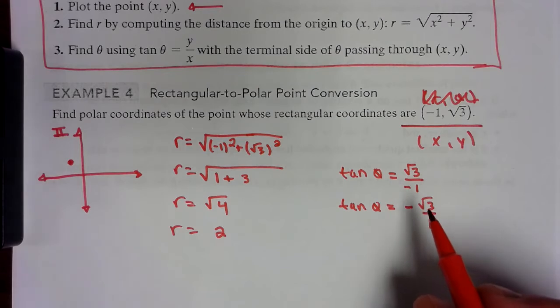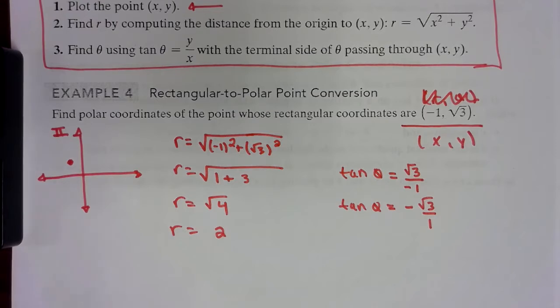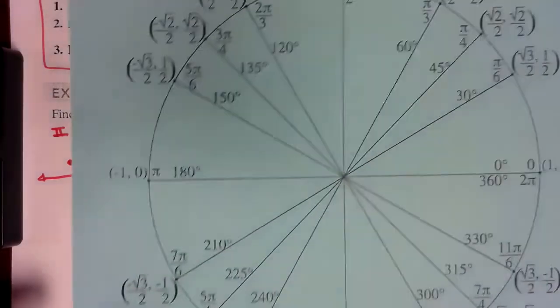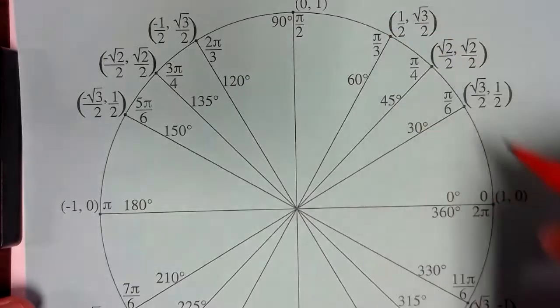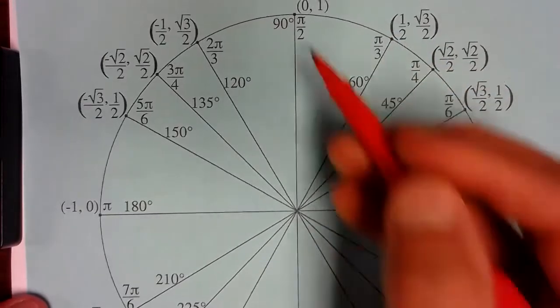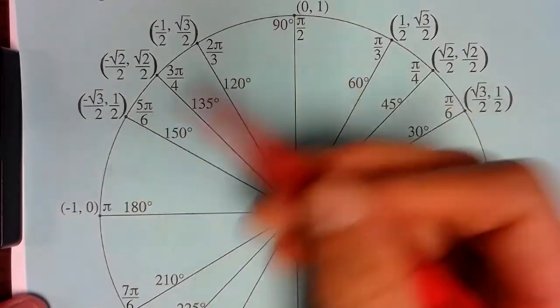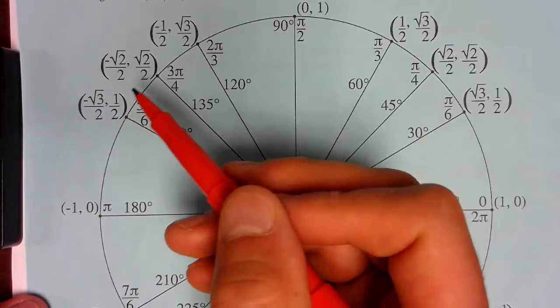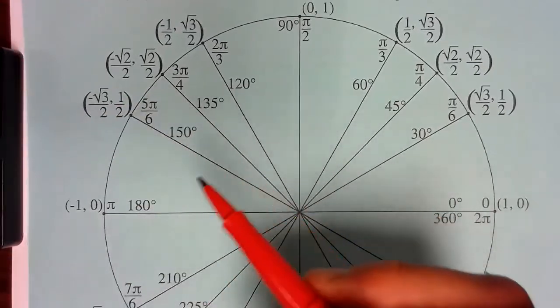You can also just look in the first quadrant, but with tangent of theta being negative, we know that in y over x, we need one x coordinate to be negative or the y coordinate to be negative, not both. So you could look here and figure, okay, where am I going to get √3? But I can also just go ahead and look in quadrant 2, because that's where I'm going to get y divided by x to be negative.